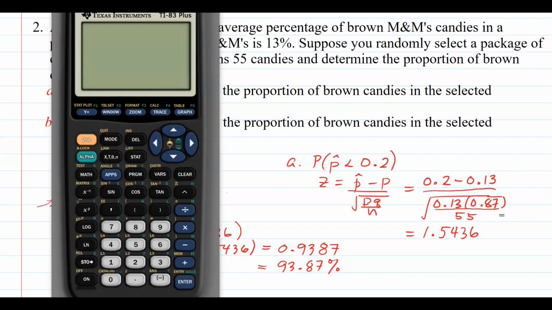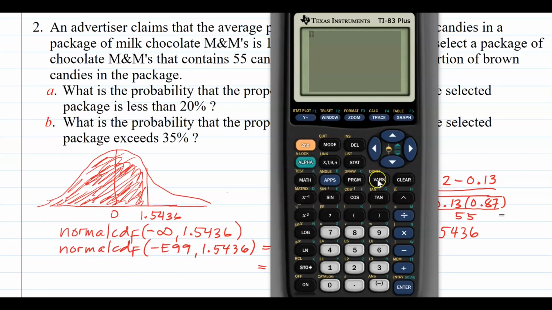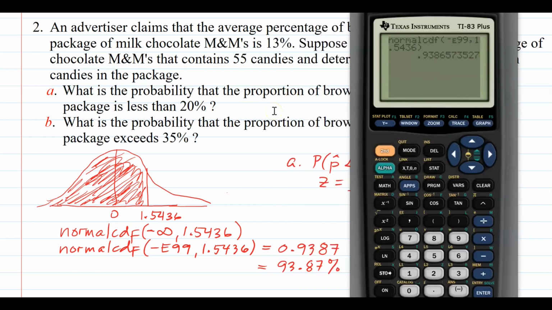And in our calculator, this is how we do it. Second function, distribution, and we select normal CDF, and from negative infinity or negative E99, comma, and then 1.5436. And that area is 0.9386. So that means that the probability that the proportion of brown candies is less than 20% is 0.9387. This is the final answer, 0.9387, or we can write it in percentage form, 93.87%.